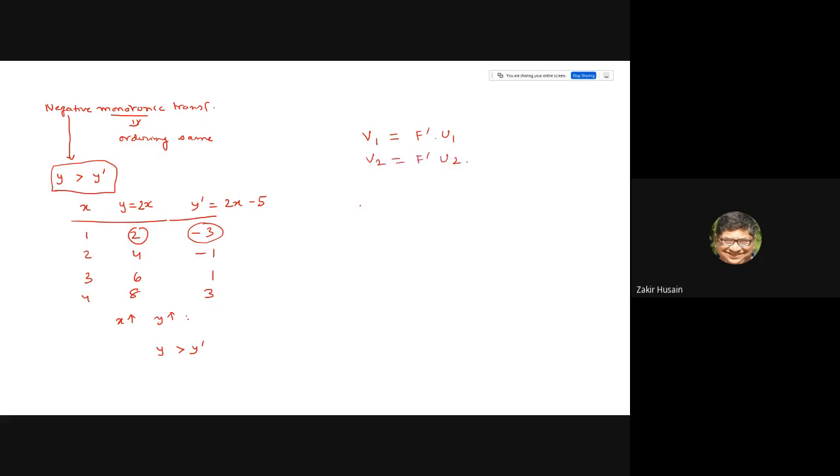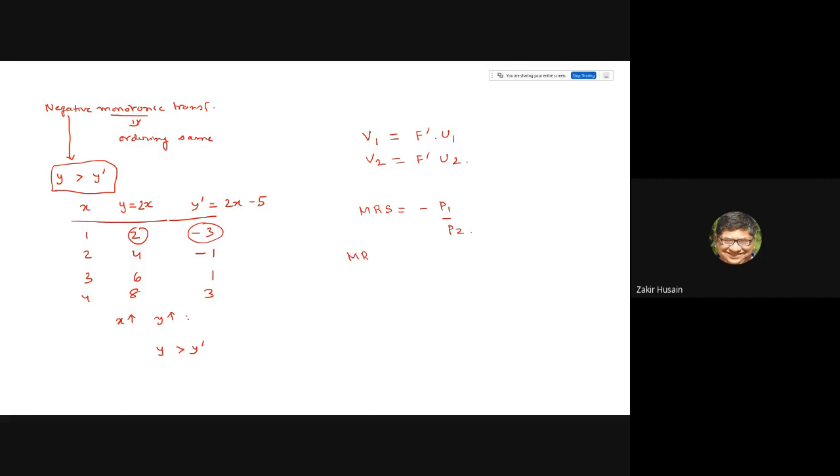Now, what is the equilibrium condition for a consumer who maximizes utility? It is that the marginal rate of substitution is equal to P1 by P2, right? This is the slope of the budget line. This is the slope of the indifference curve, right?